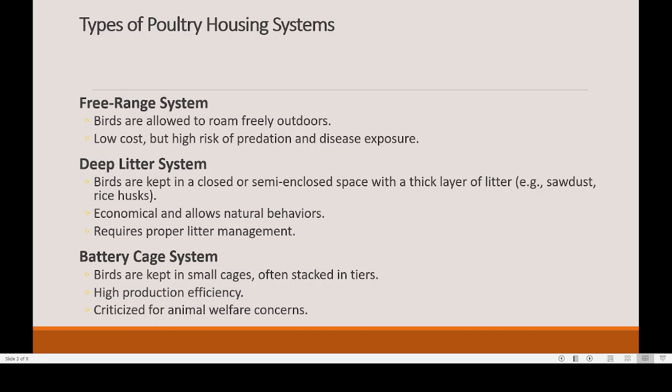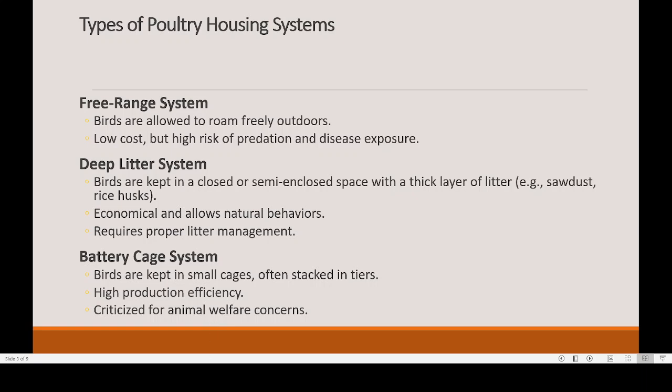See, this is the kind of system. This kind of system is known as a deep litter system. See here, you can see these are all deep litter systems. So this kind of practice is known as a deep litter system.